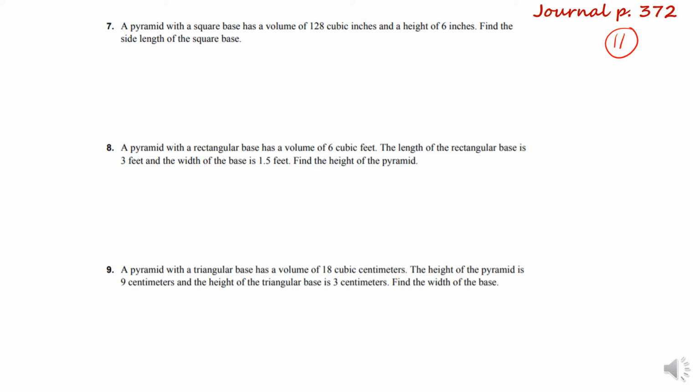Okay, so for this one, it has a pyramid with a square base. So that means its volume equals 1/3 big B H, and the big B is side squared. So let's see what they want us to find. They want us to find the side length of the square base. So I'm going to set that equal to each other. The volume is 128. I have 1/3 times my big B times 6.